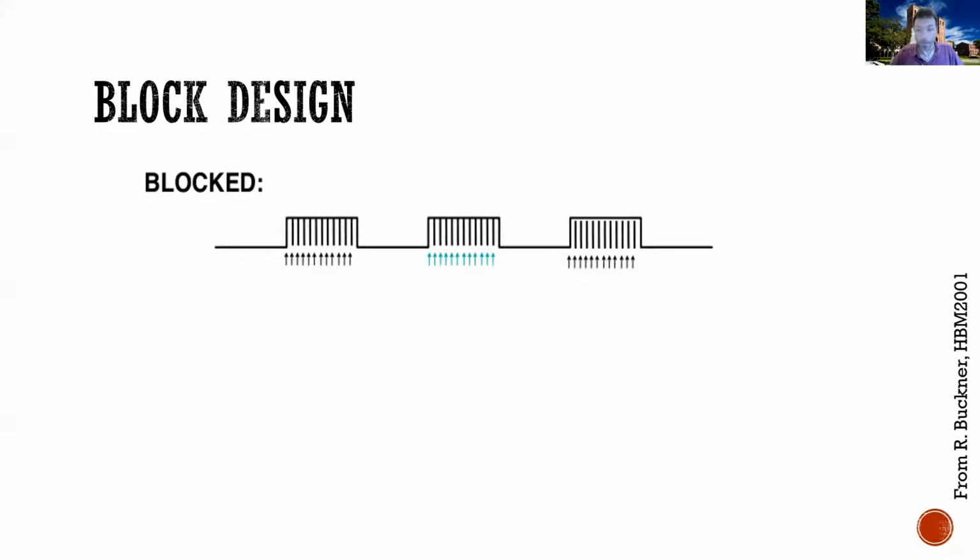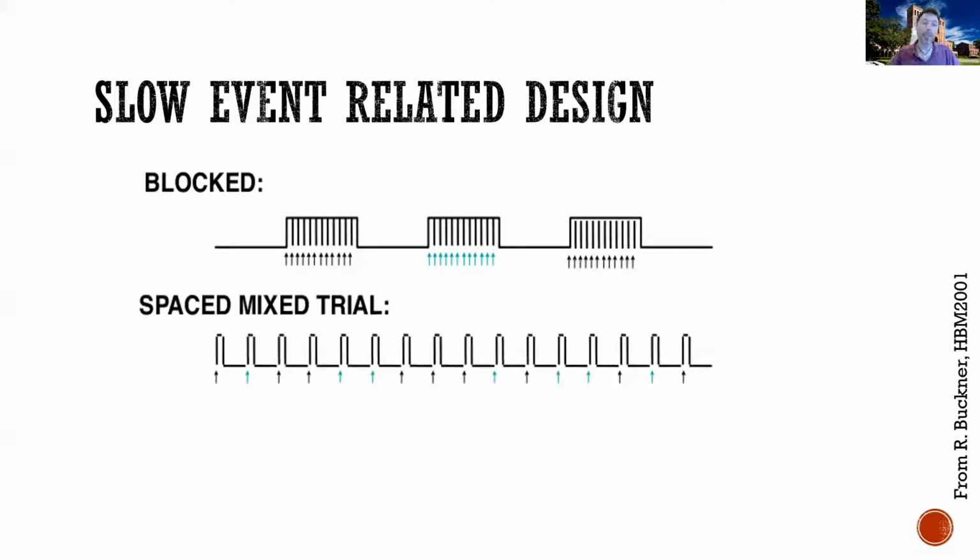Although there are some positive aspects to this design, and I will cover that in just a moment, the field of fMRI has since transitioned towards a different type of design for some reasons that I want to cover. This design is sometimes referred to as a spaced mixed trial, or more widely known as a slow event related design.